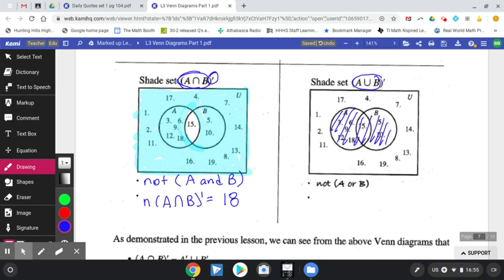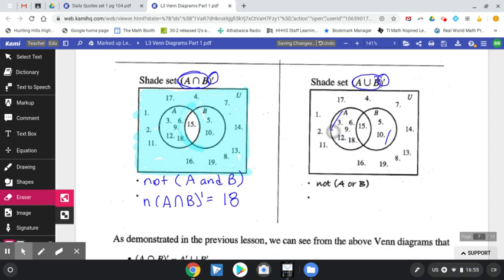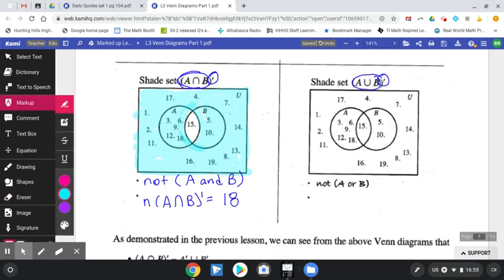And so we want the complement of A union B. So we want everything that is not in this shaded region. So everything that is on the outside of the circle. Or I should say on the outside of both circles.